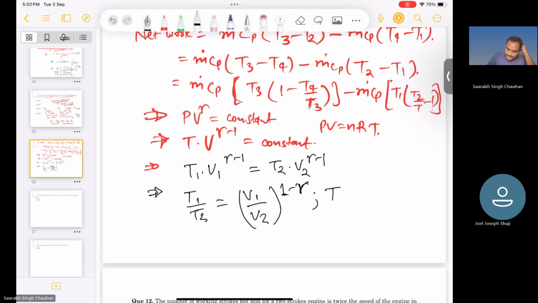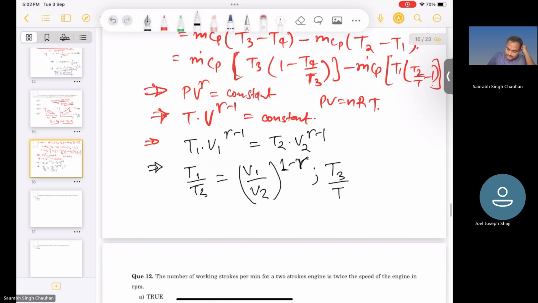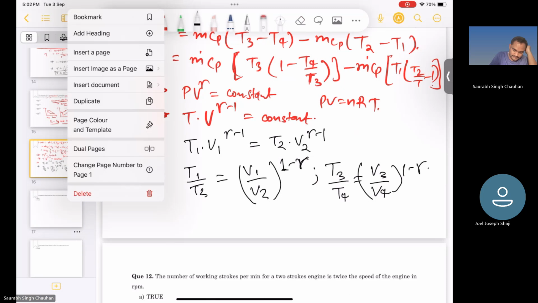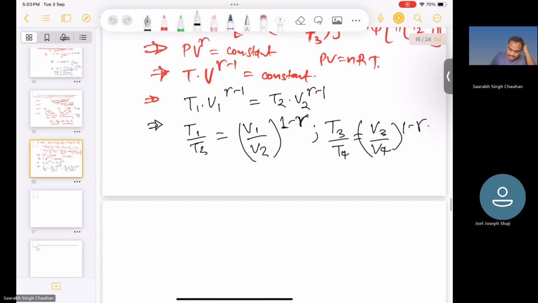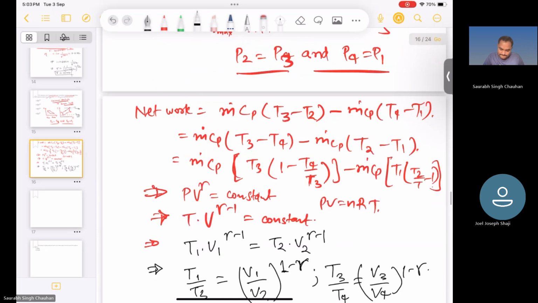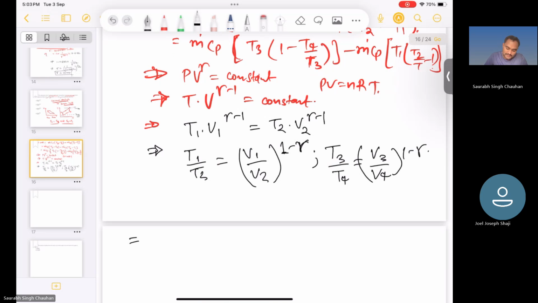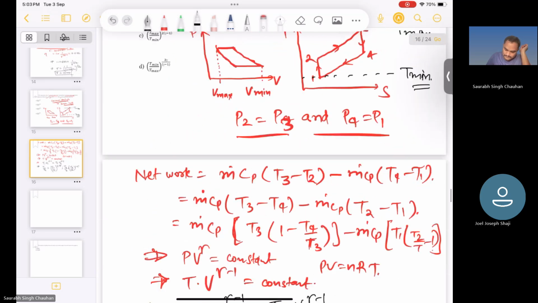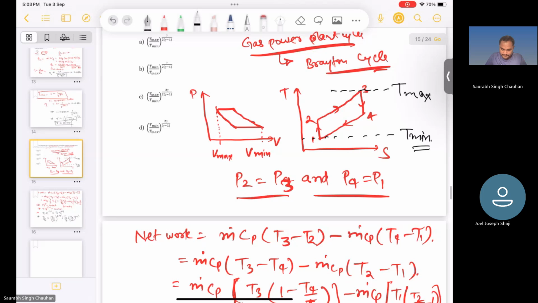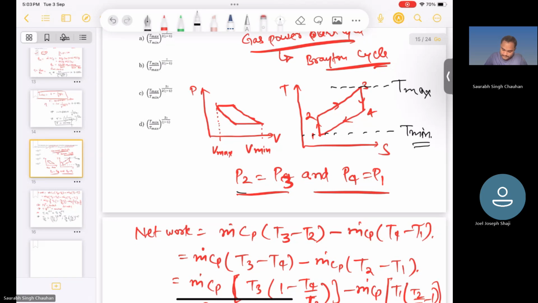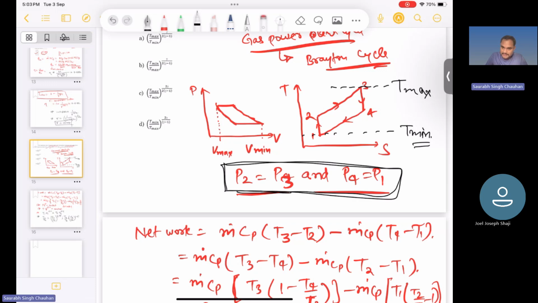Similarly, from here, what you can write is, 2 to 3 is an isobaric process, and 4 to 1, this is also an isobaric process.